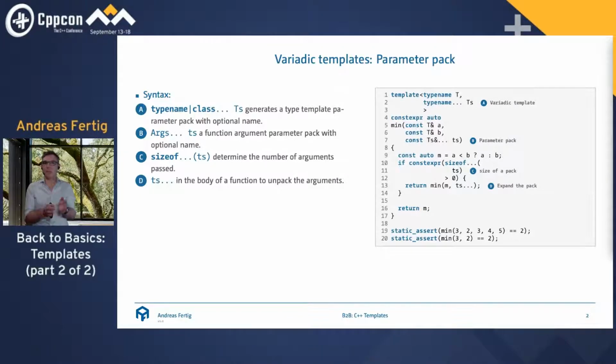I can query that. And in the sizeof, I'm checking whether there are elements left in that pack. And if so, I go and call min recursively, passing in the result I calculated before in line number 9, m, and my parameter pack ts. But with the 3 dots, that means that pack gets expanded. In that context, I'm expanding the pack.